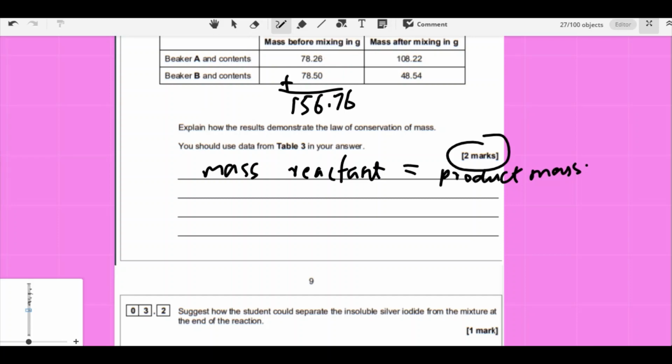In the case of the mass after mixing in grams, the product mass will be 108 plus 48. So you can see here 156.51. Both masses are equal to each other.